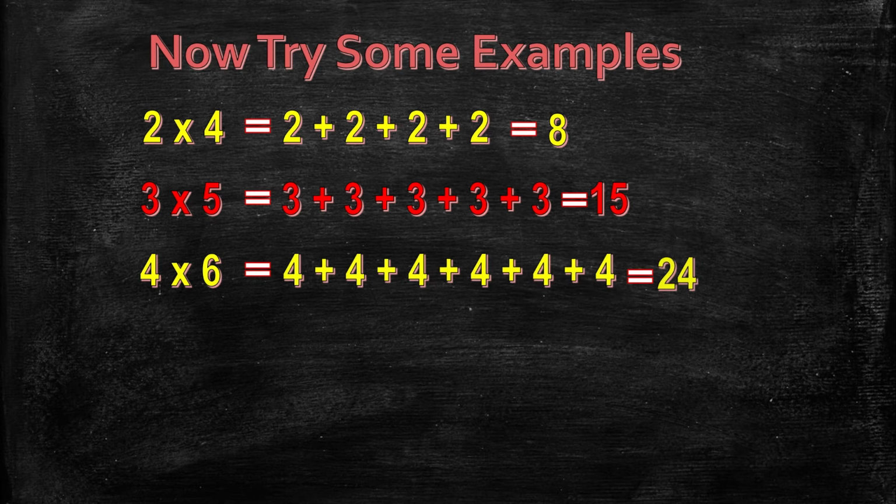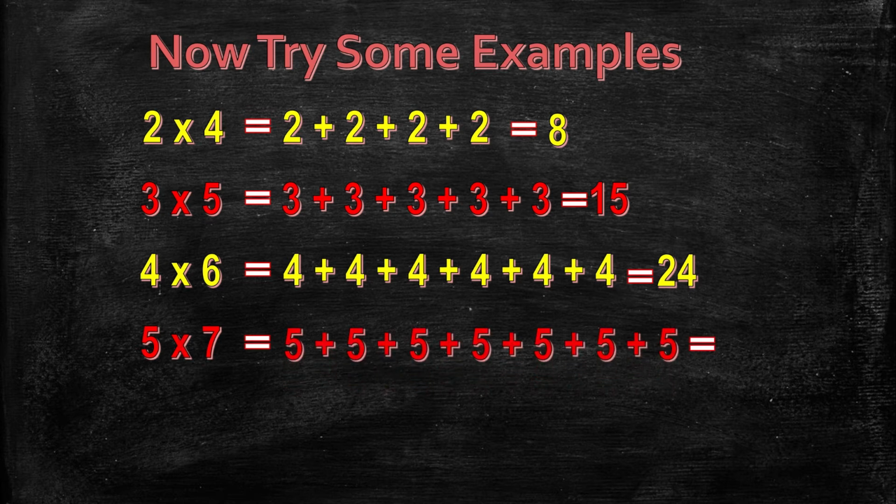So 4 times 6 is 24. 5 times 7. We have our 7 5s, and if we add all of those together, what do we get? 35. So 5 times 7 is 35.